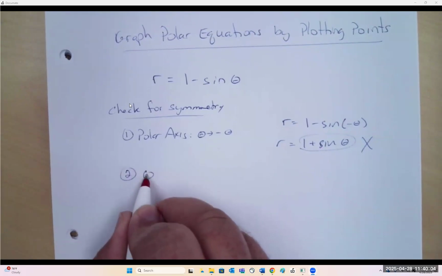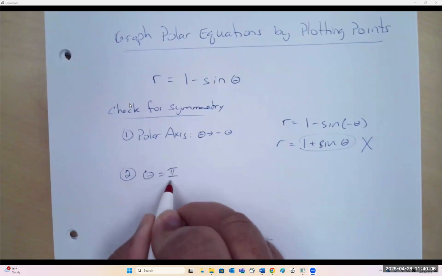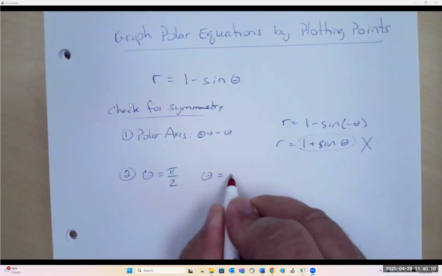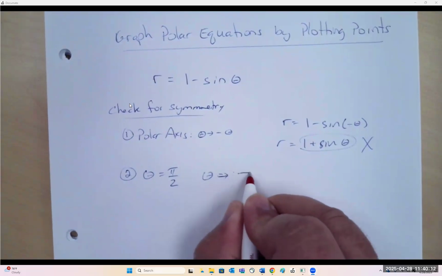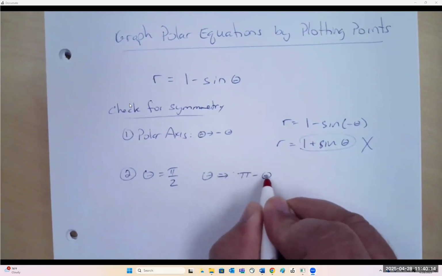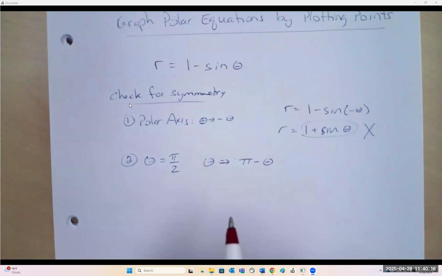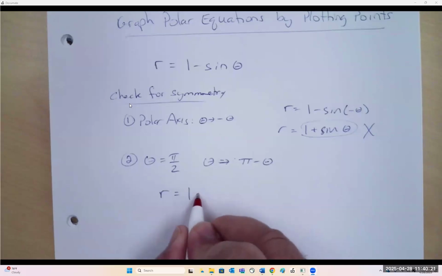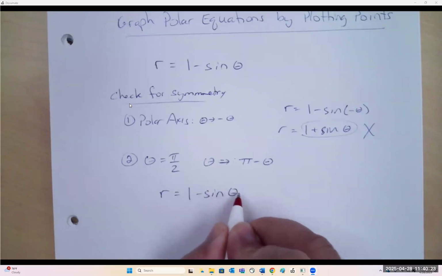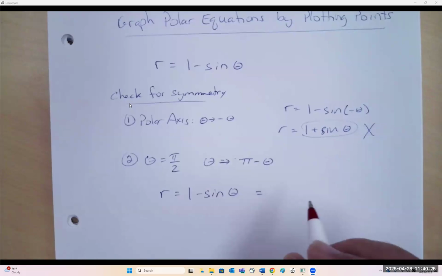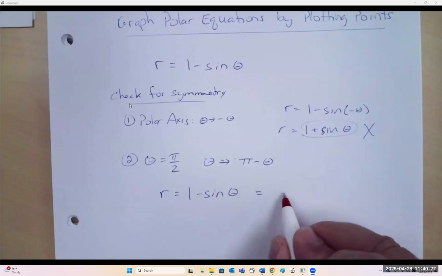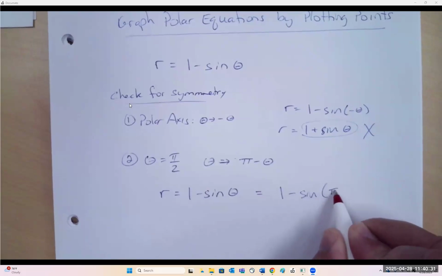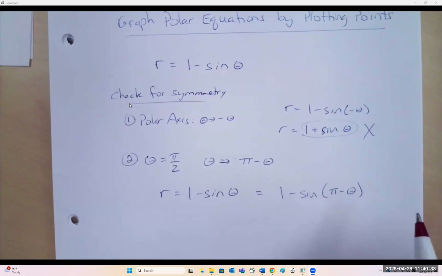Next one is the vertical line. Replace theta with pi minus theta. So it's 1 minus sine of pi minus theta.